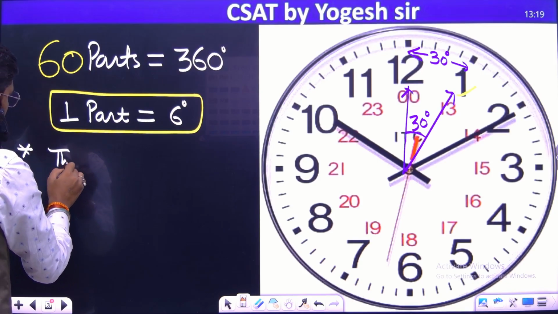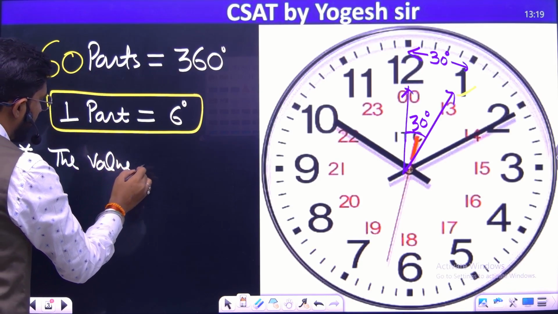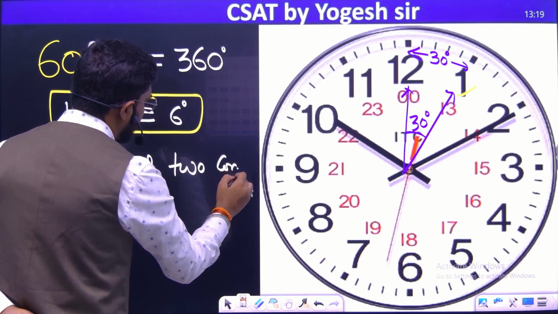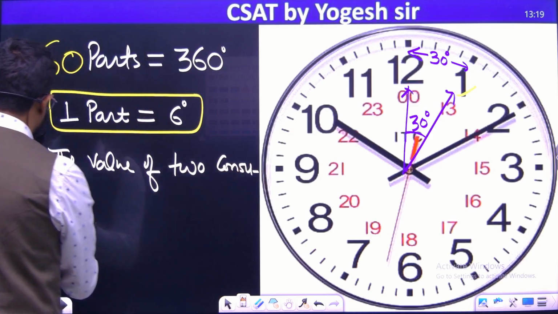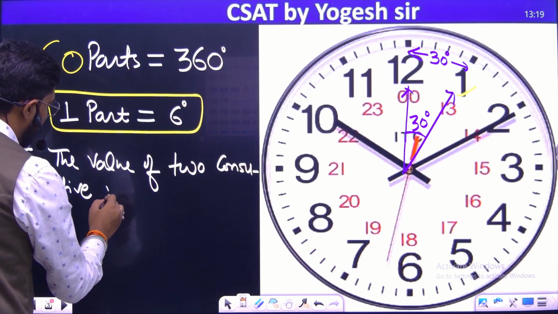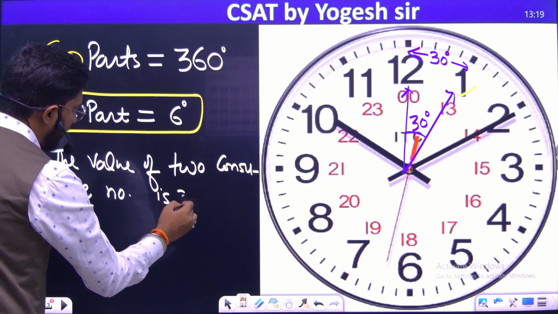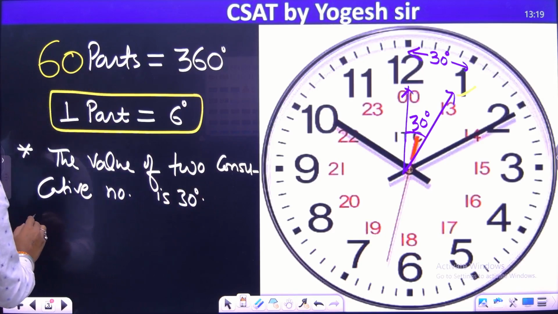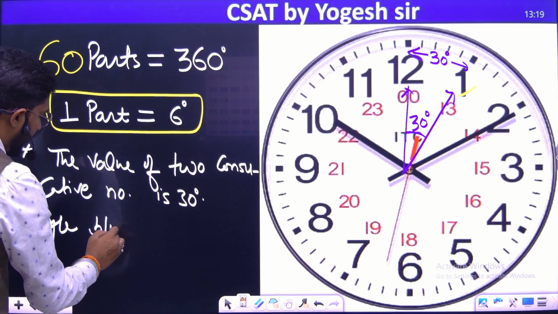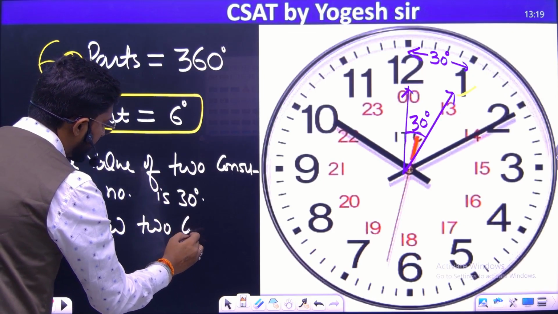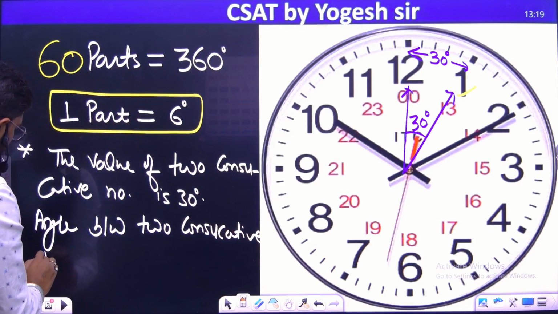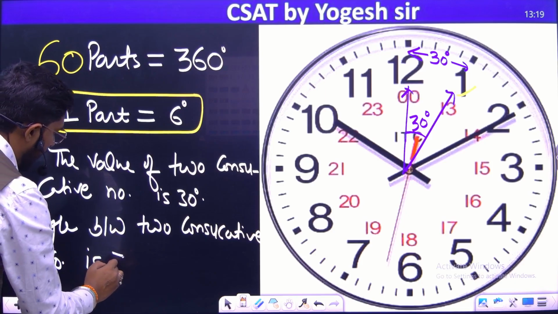The angle between two consecutive numbers is 30 degree.